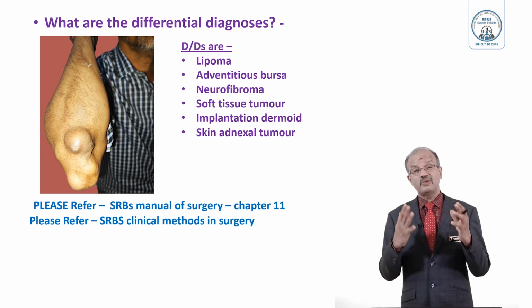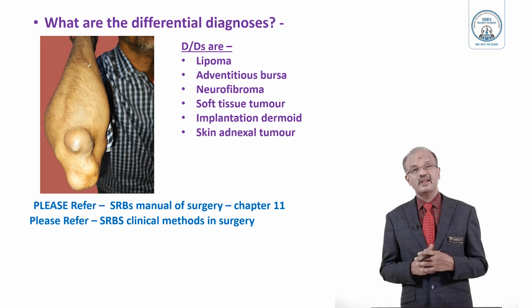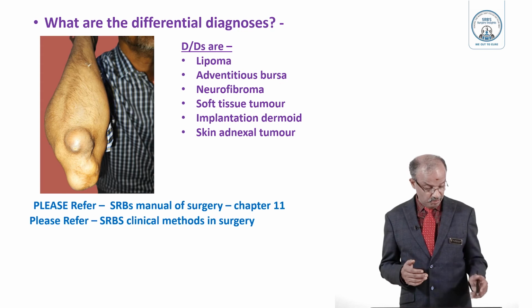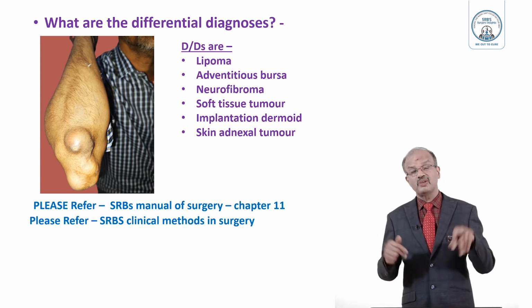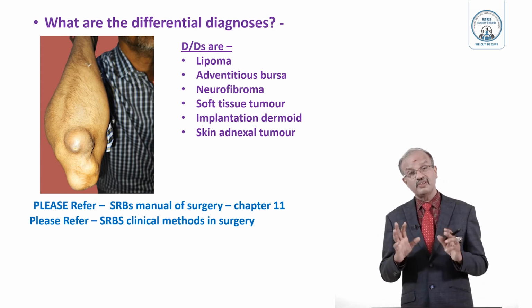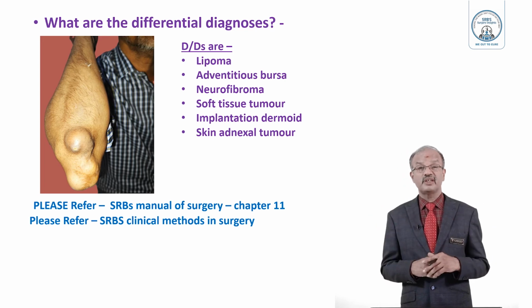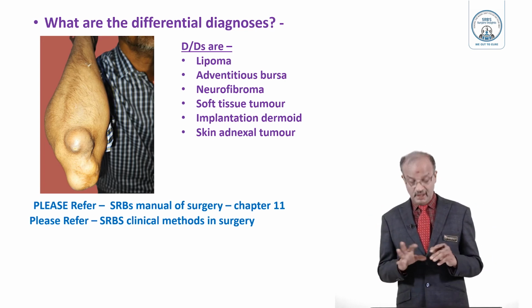Accordingly, you may have to do an ultrasound, sometimes MRI, and the treatment is excision. If it is very freely mobile, you can remove it under local anesthesia. Otherwise, under brachial block or general anesthesia, you remove it and suture it. So, that is the treatment.